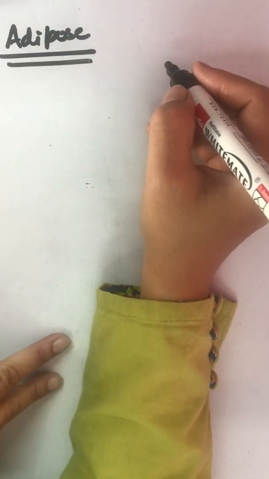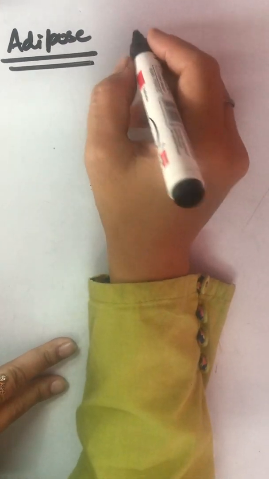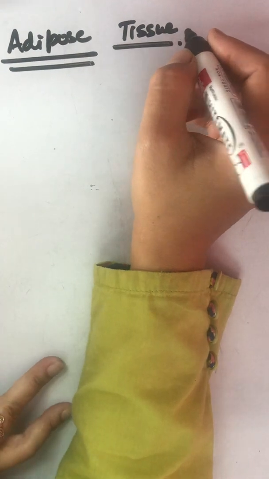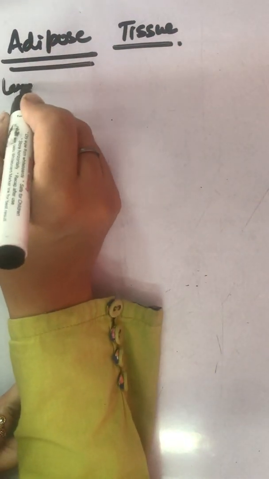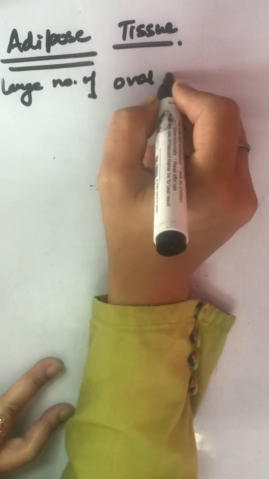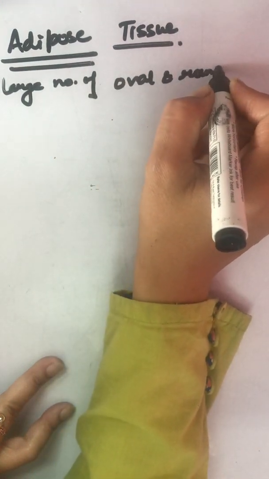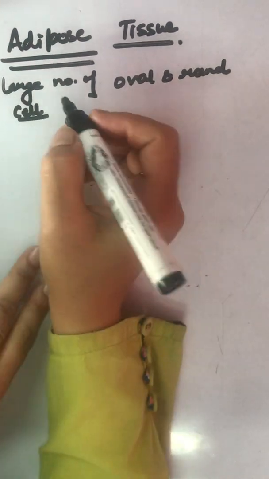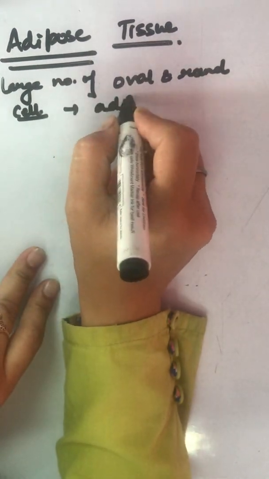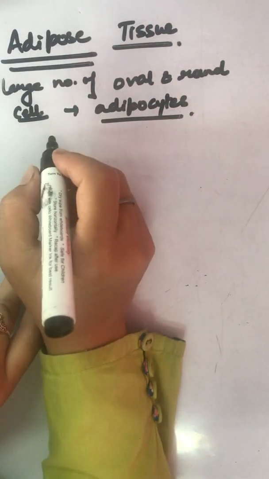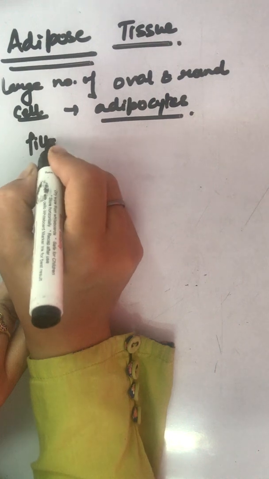Adipose tissue. See, it consists of a large number of oval and round cells. What these cells are known as? Adipocytes. What are these filled up with?